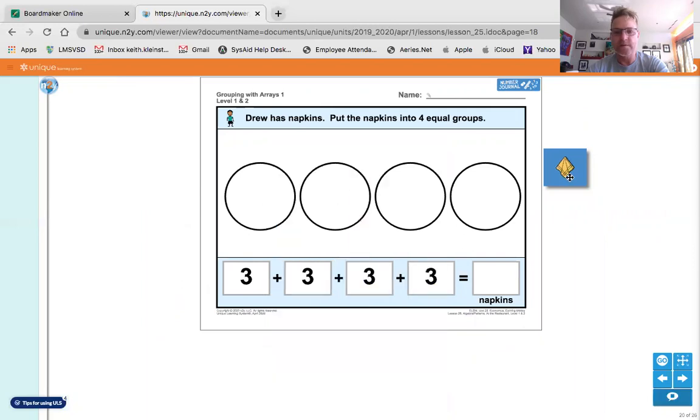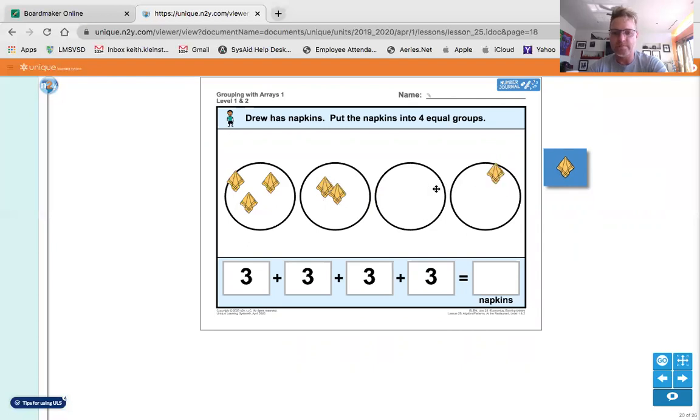Oh, here are the napkins. We got to put 1, 2, 3. 1, 2, 3.